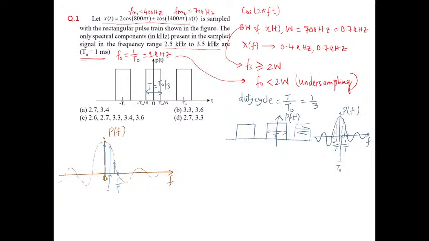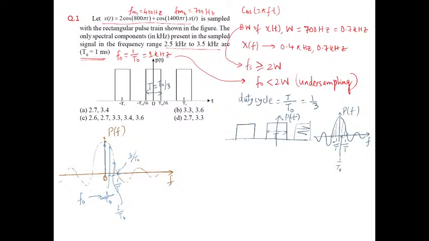The samples will be available at a frequency separation of 1 upon T naught, which you can call the fundamental frequency component f naught. Now this will be 1 upon T naught, this will be 2 upon T naught, and this will be 3 upon T naught, and so on.